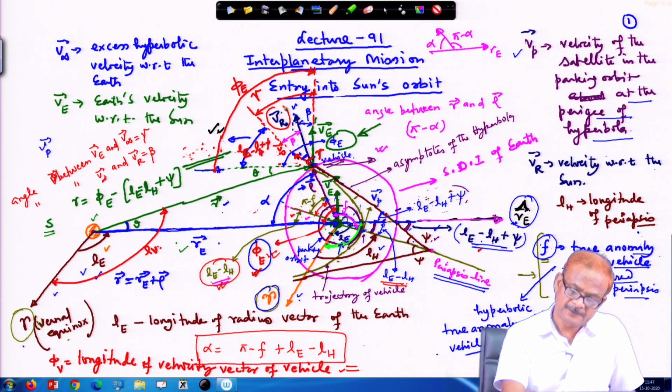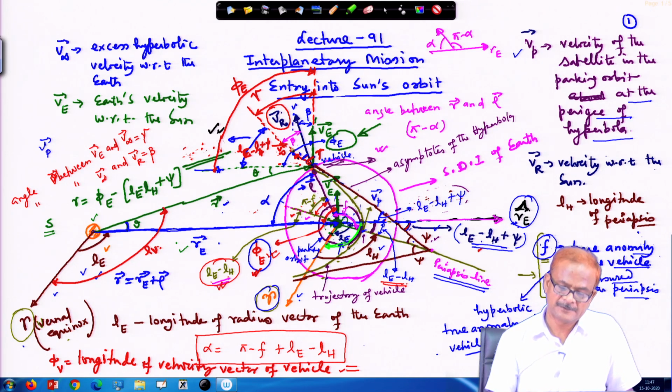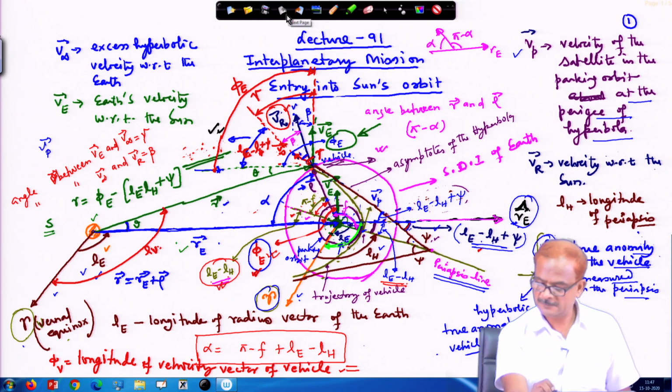Now, you can see here this is the velocity vector of the vehicle. V infinity is the excess hyperbolic velocity. V r is the velocity vector of the vehicle. So, we will have to write it on the next page maybe.